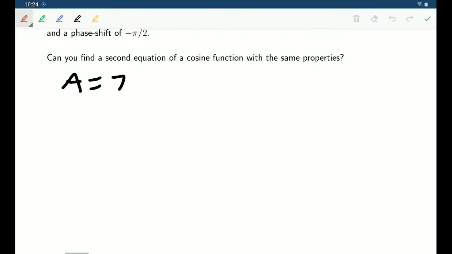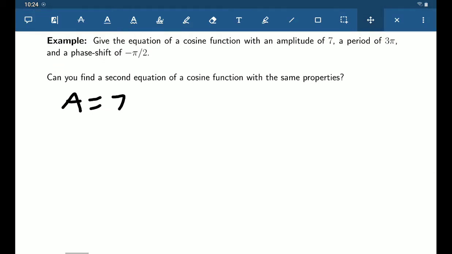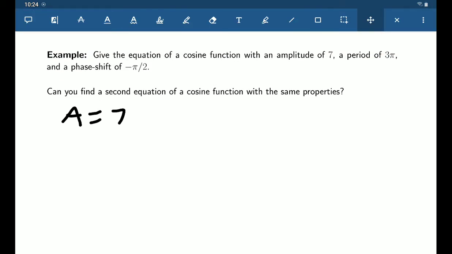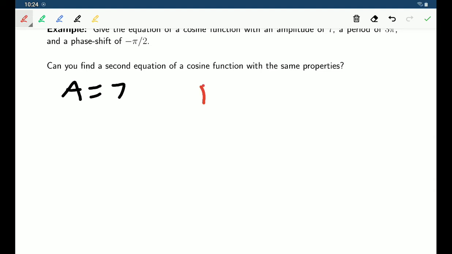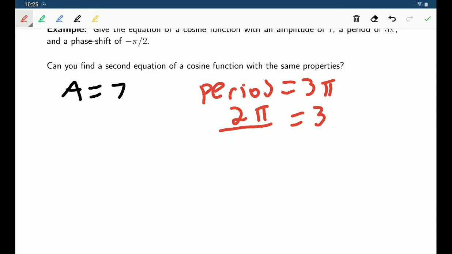And now, next up, if we're thinking about the period of our graph, we say that the period is 3 pi. We know that if the period is 3 pi and period is 2 pi divided by absolute value of b, now here I'm going to make my choice in advance. b could either be positive or negative.